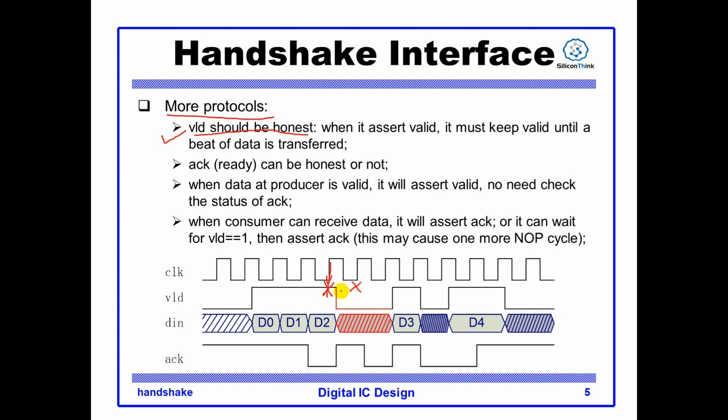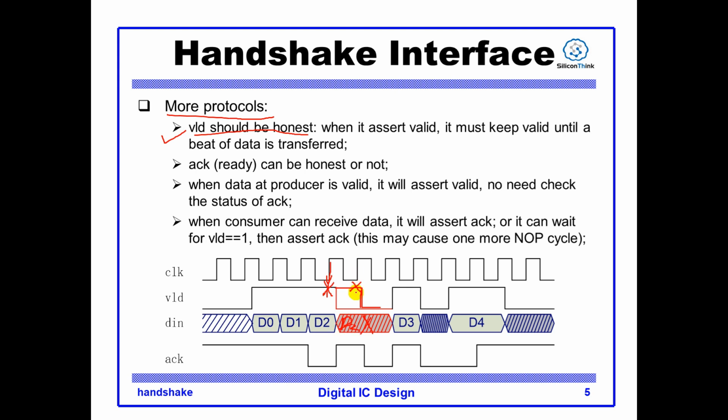So the right one is you have to keep valid high, and you can drop it at this point. Then the data will keep the same for this cycle. So data will be kept the same as data 2.